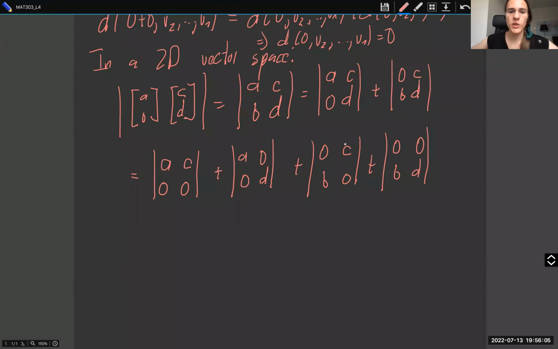So the point is that if we have an expression like this, then we can subtract some copy of this from this. Let's say this is equal to star.